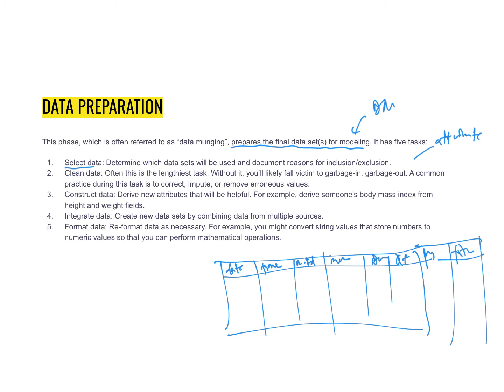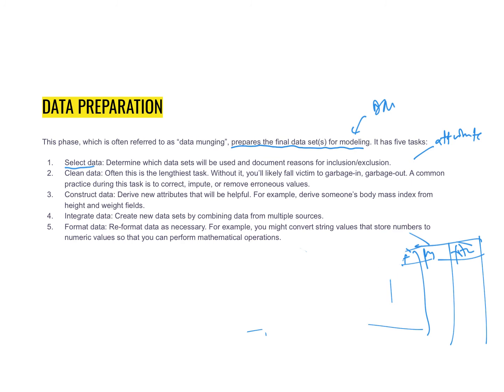Okay, so these are yang atas ni kita panggil attribute. So select data ialah you pilih attribute mana yang you nak pakai. Okay, itu select data. Then lepas you select data, kita dah pilih data yang kita nak pakai yang mana. The next step is to clean the data.